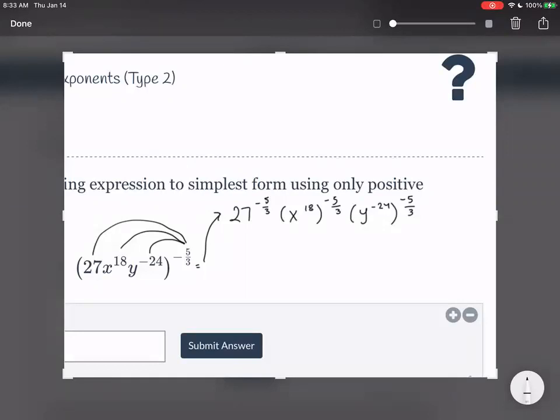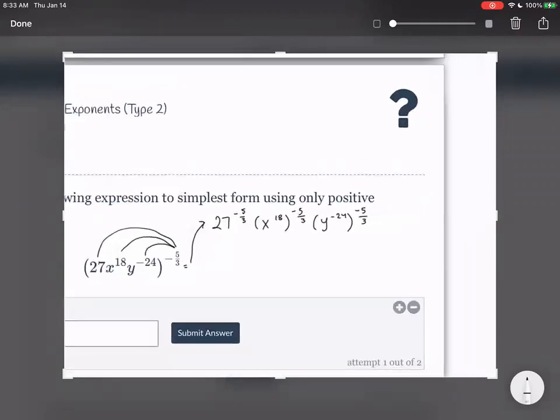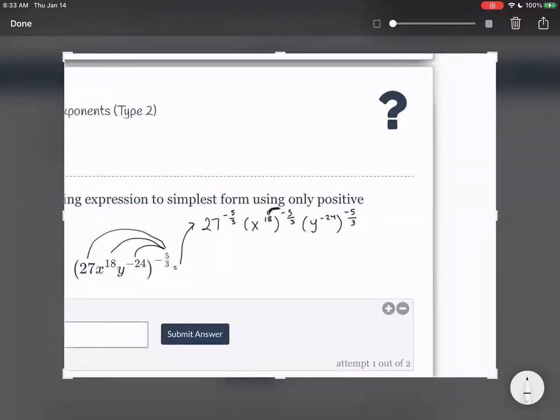Okay. So then, like we were doing the other times, we're just going to multiply out these exponents. So let's leave the 27 to the power of negative 5/3 for now. Okay, x. It has 18 over 1 times negative 5 over 3. So then we can actually cancel out with the 18 and the 3.